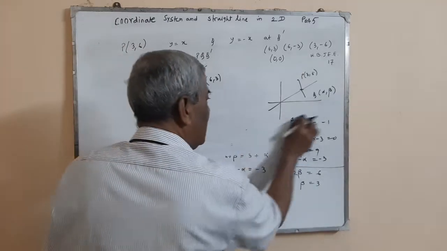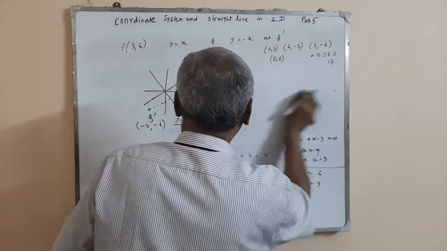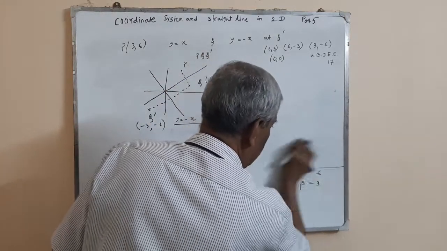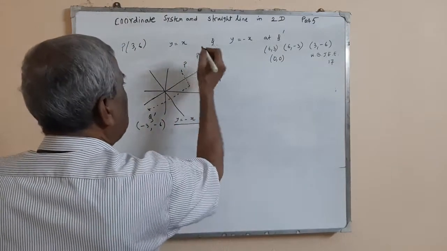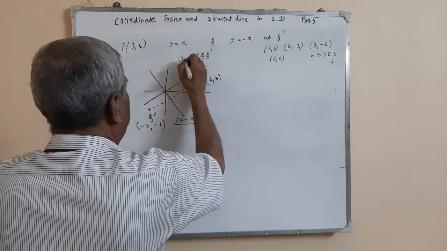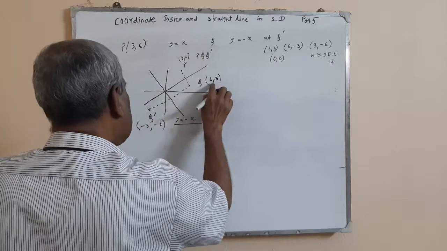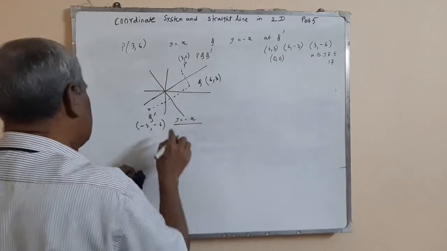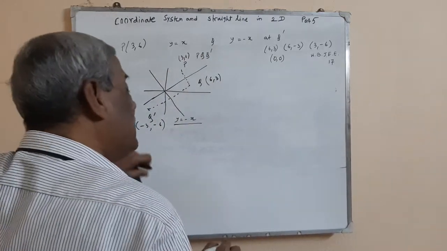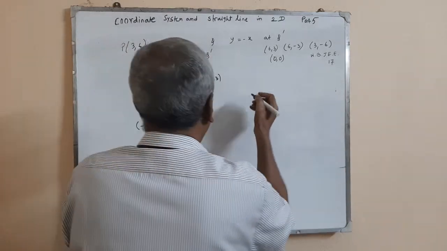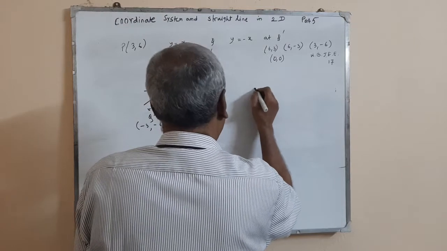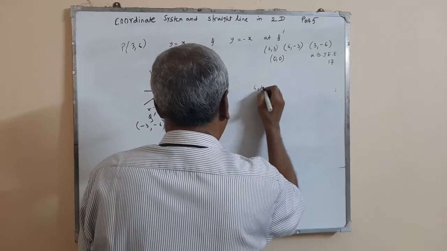So ultimately we get the triangle PQR. P is 3, 6. Q is 6, 3. And this is minus 3, minus 6. And we have to find the circumcenter. So let (h, k) be the circumcenter.